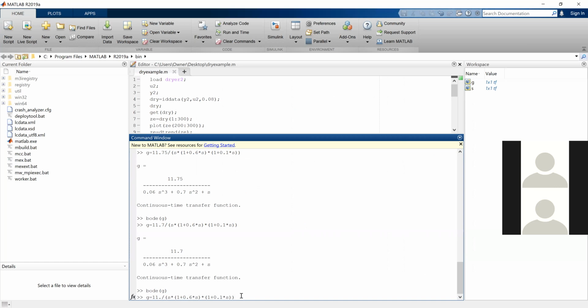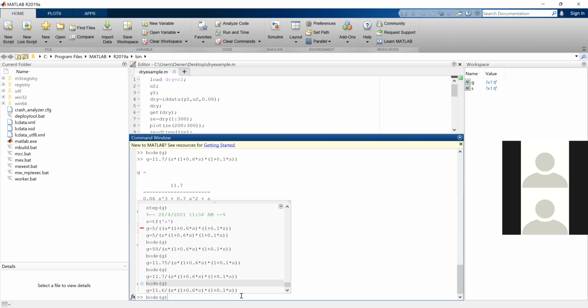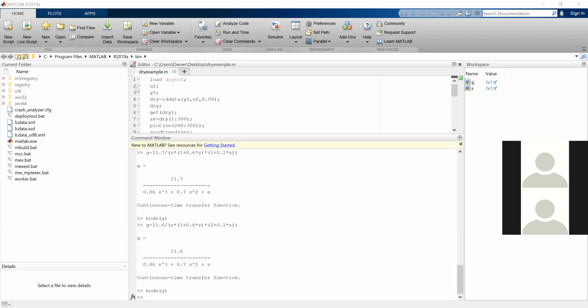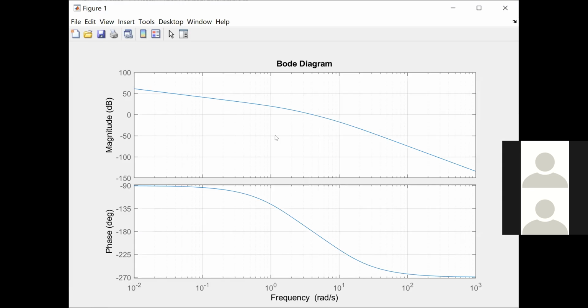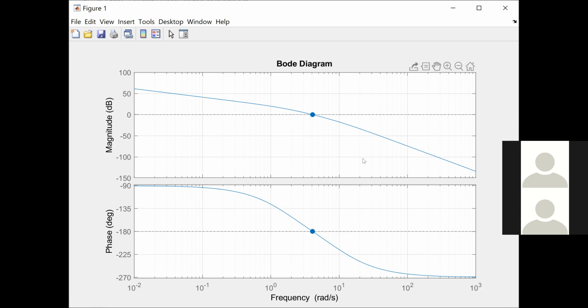So 11.6. Okay, change to 11.6. Again, you see that still the same, very near each other. 0.0498, positive now.